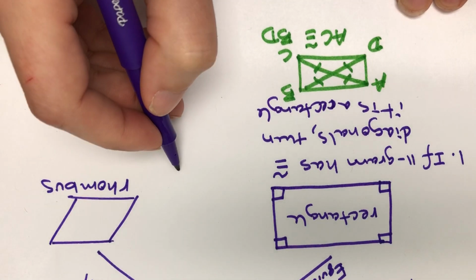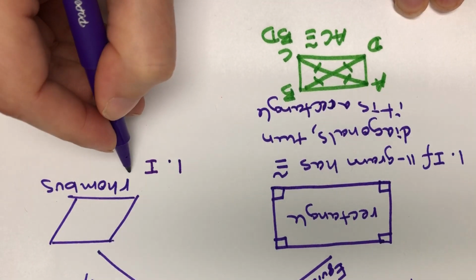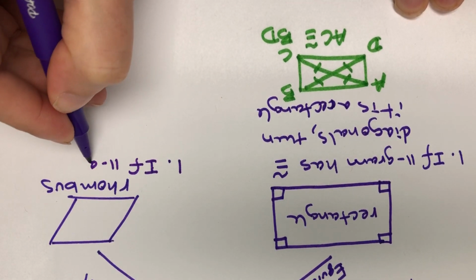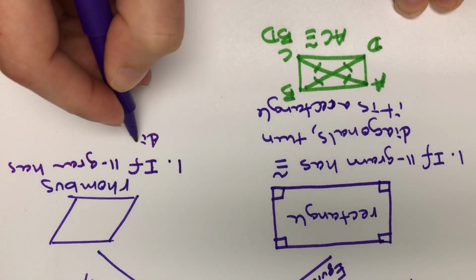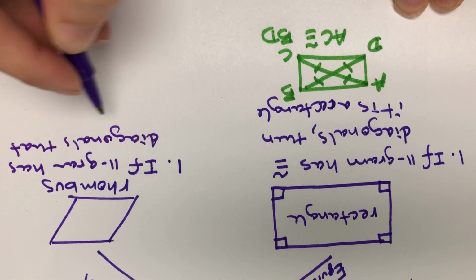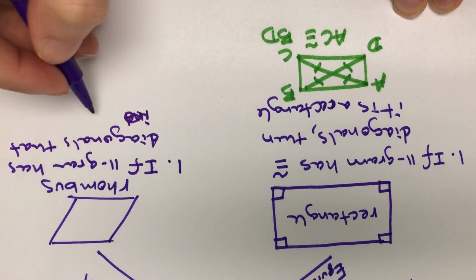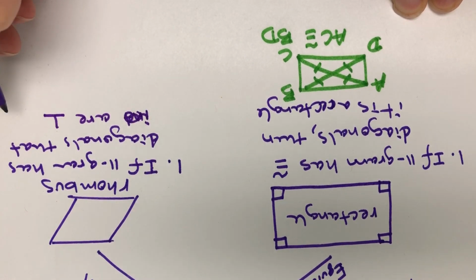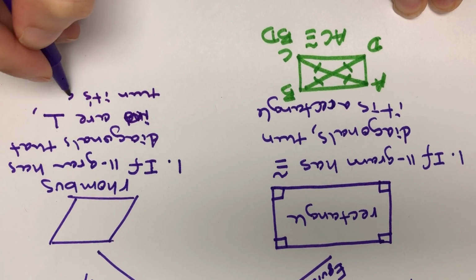Now, a rhombus has something special having to do with its diagonals as well. So if we know something is a parallelogram, has diagonals that are perpendicular, then it's a rhombus.